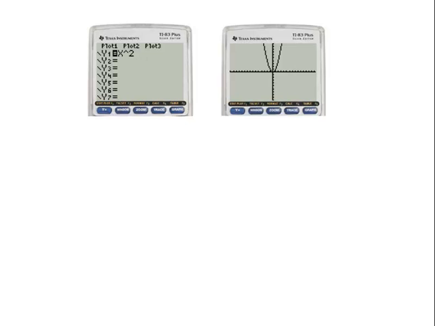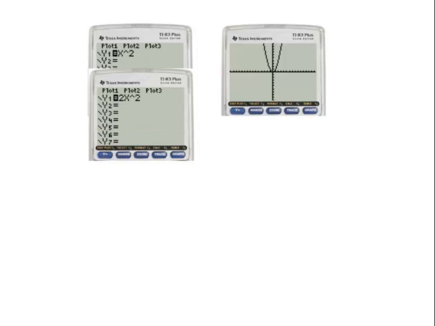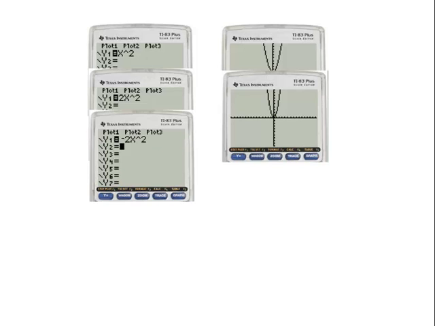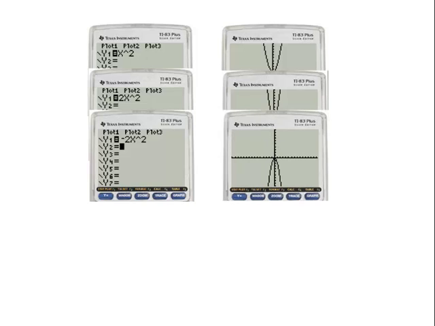So for the first one, y equals x squared. In this case, a is 1, k is 0, and h is 0. When we look at 2x squared, a is 2. So that is going to change the graph and make the parabola more narrow. When we do negative 2x squared, since a is negative, the parabola is going to open downward, but it will have the same steepness as the second graph.